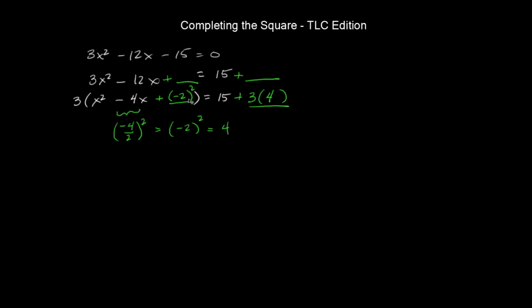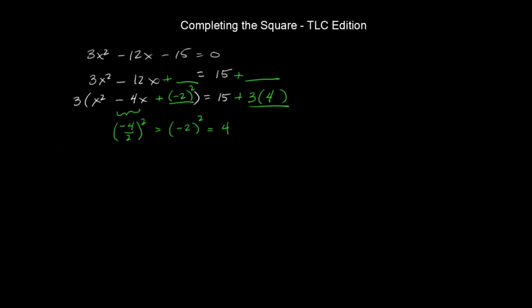If that's the case, by adding this 4 on the left side, you'd be multiplying it times the 3, which means that on the right side, you would be adding a 4, and you'd have to multiply that by 3. So now you can see why you have to add the 3 on the right side. I hope that's clear. This 3 should make sense.